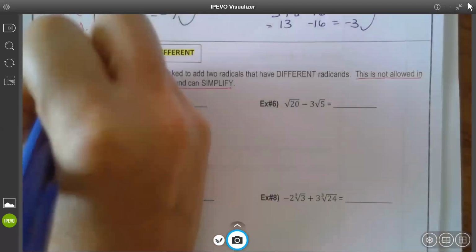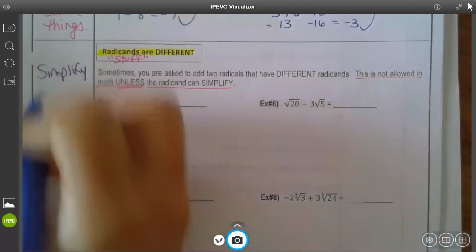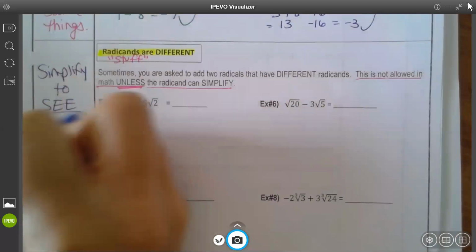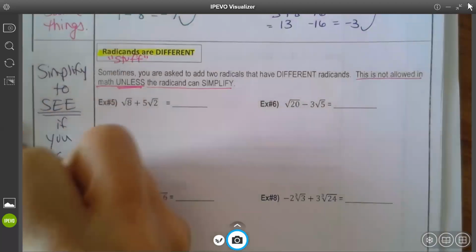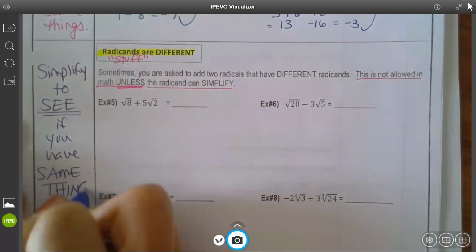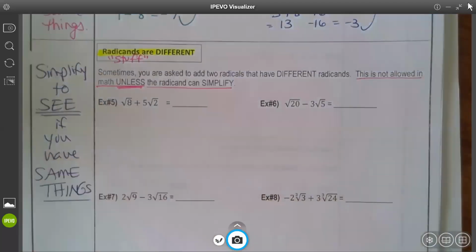We are going to simplify to see if you have these same things. The only way that you're going to know is if you simplify.